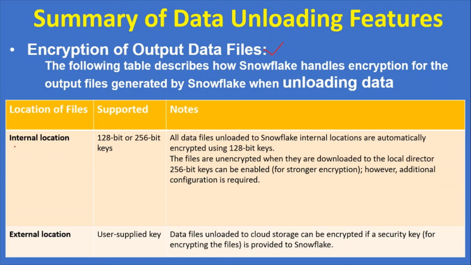For the internal location, you can apply 128-bit or 256-bit keys. All data files unloaded to the Snowflake internal locations are automatically encrypted using 128-bit keys. So encryption will be happening. The files are decrypted when they are downloaded to the local directory.